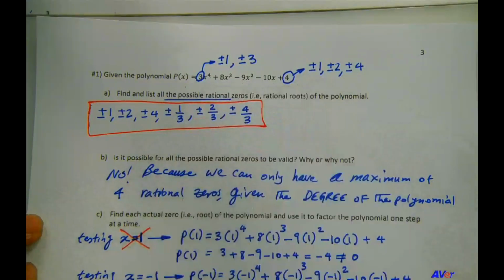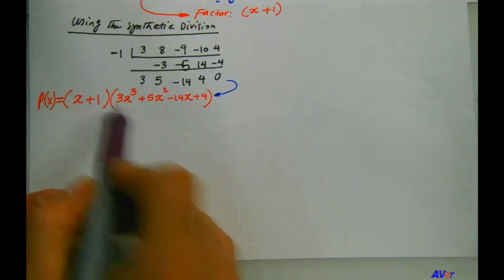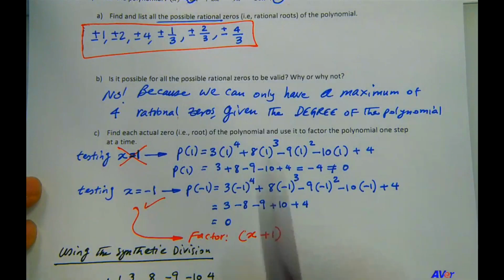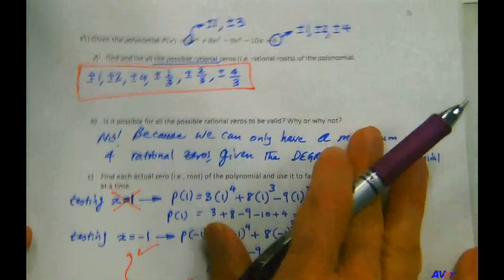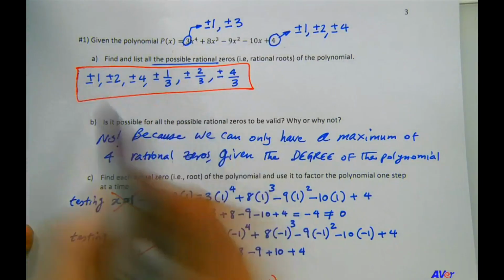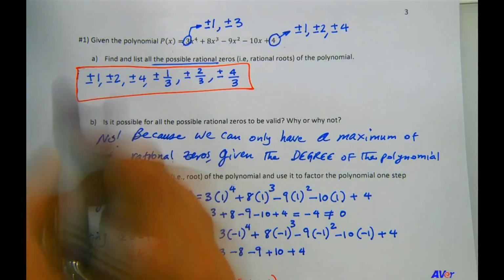In other words, this polynomial and this polynomial share any other rational 0 that this polynomial might have. We know that x equal to -1 is already found.